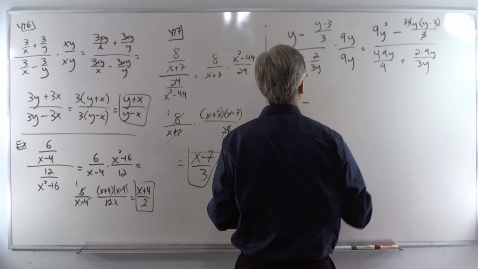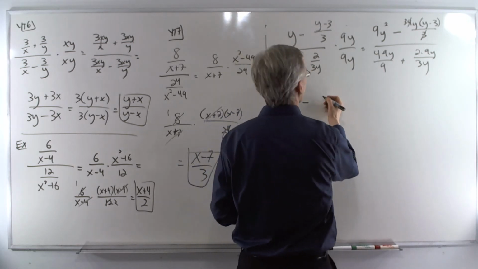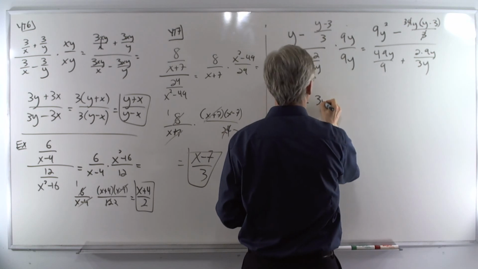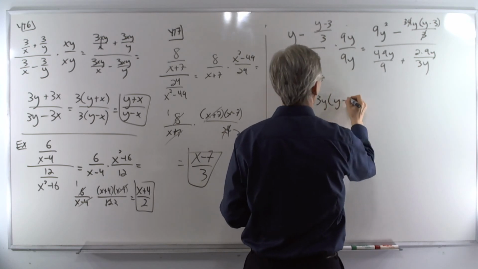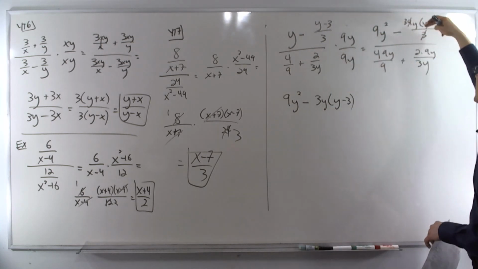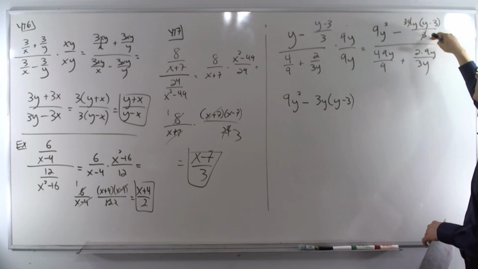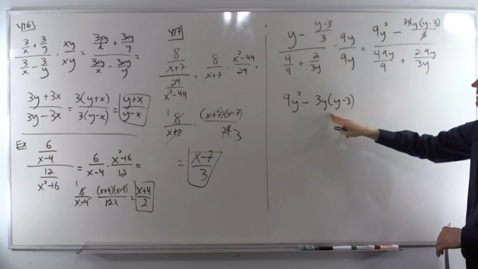I'm going to do this in 2 steps. Okay, so I'm going to write this as 3y times y minus 3. So what I did here is reduce 9 over 3 to 3 over 1. And so we got 3y times y minus 3.